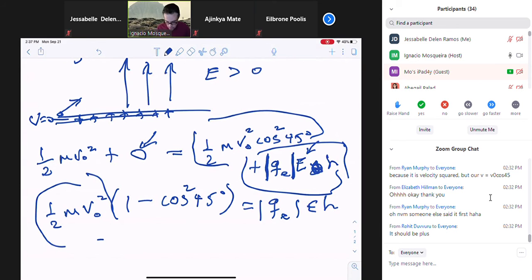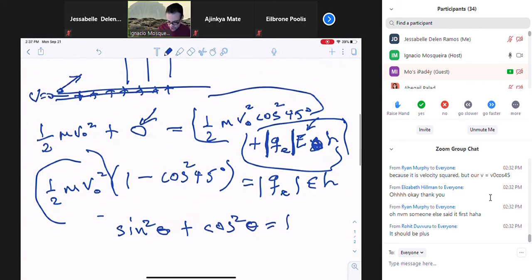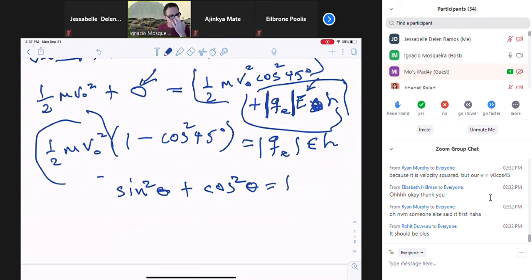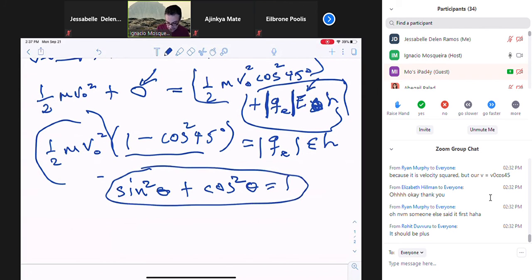Well, there's always a rule that says sine squared of an angle theta plus cosine squared of an angle theta equals 1. That's always true. That's a general expression. So therefore, I can rewrite this as the sine, which is what Isaias wanted to do. Just using this general expression, I can show that sine squared. Well, let me just do it.